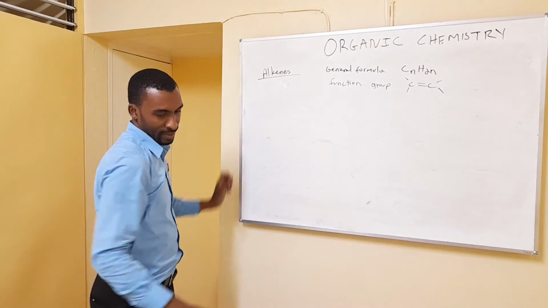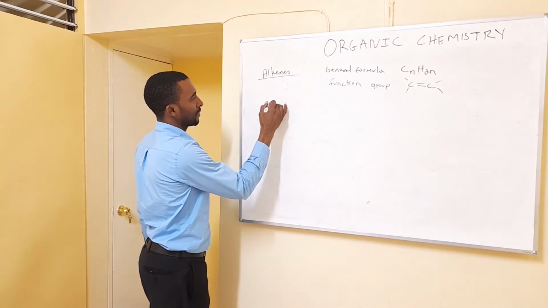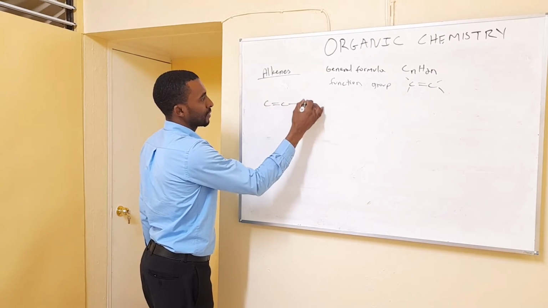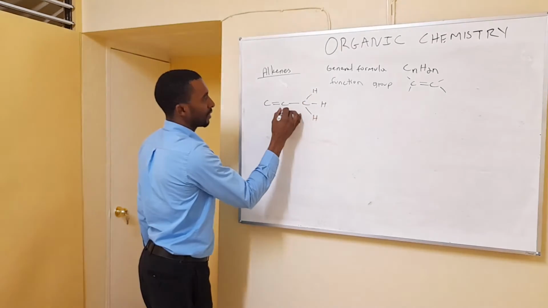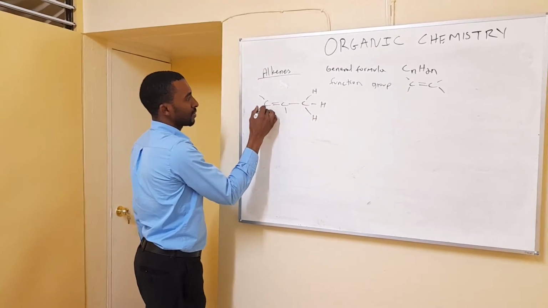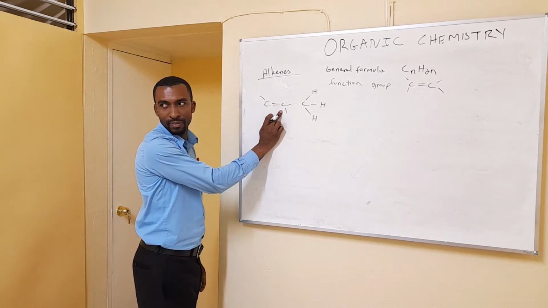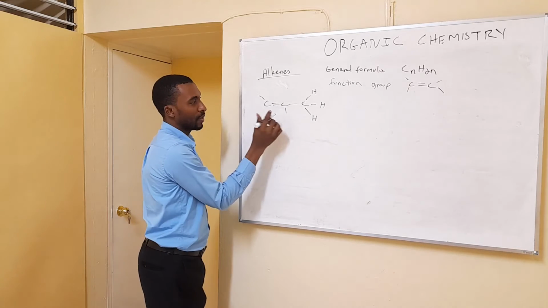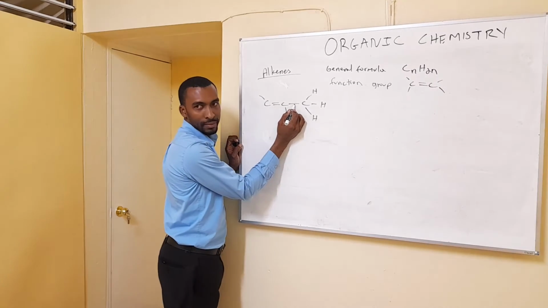So remember that naming is similar. So if, for example, we have C, remember that each carbon atom must have 4 bonds. So how many hydrogen atoms would be required in this carbon to have 4 bonds? 1. Because they have 1, 2, 3, 4.